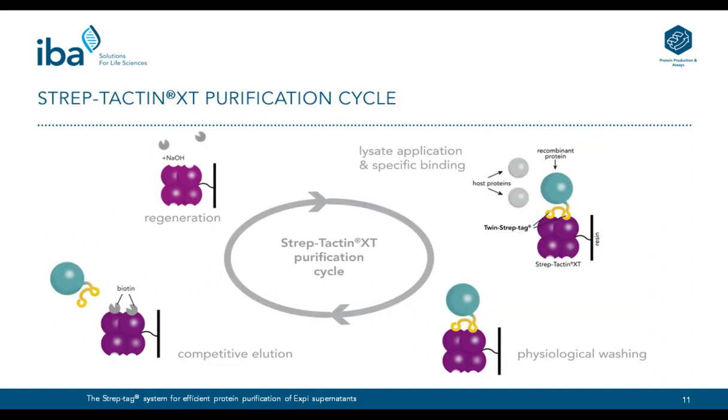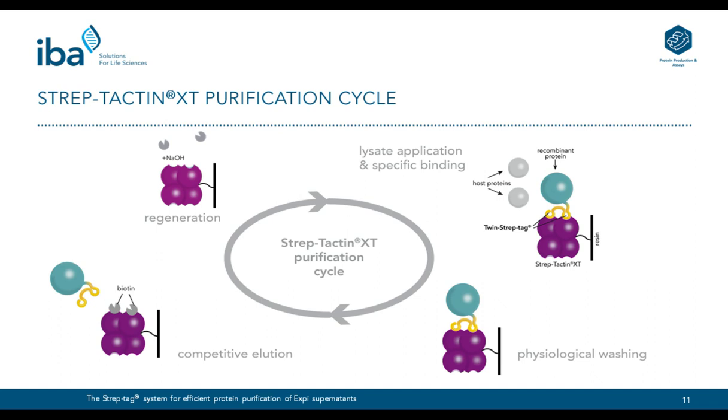So when we look at the purification cycle of the Strep-Tactin XT, this is quite comparable to the Strep-Tactin purification cycle. Again, you immobilize your protein of interest via the Strep-tag or the Twin-Strep-tag on Strep-Tactin XT.